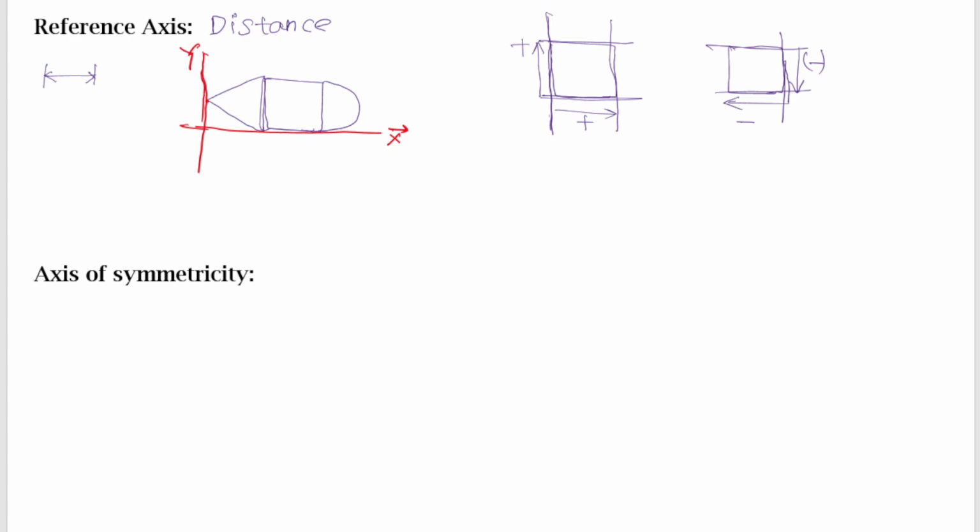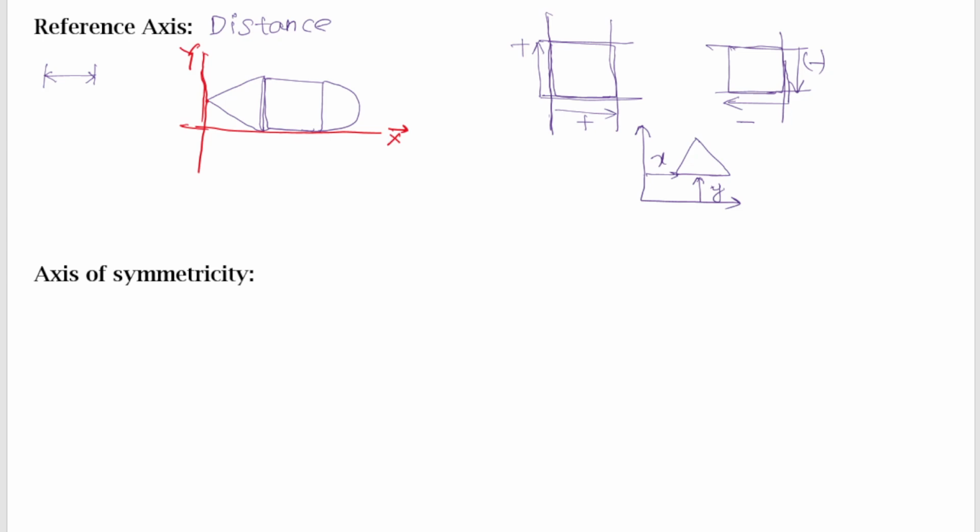But sometimes the examiner wants to test your knowledge, and he can give you a shape like this with a reference axis very far away from the geometry, and some distances already shown, like the distance between these two axes is y, and the distance to this point is x.